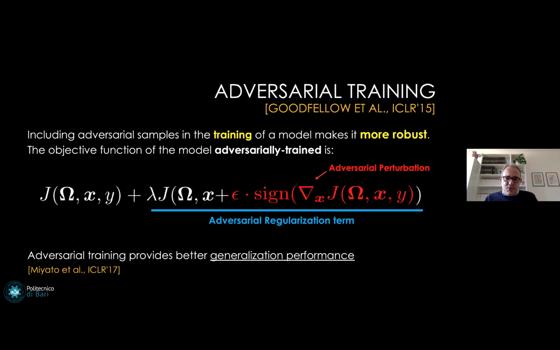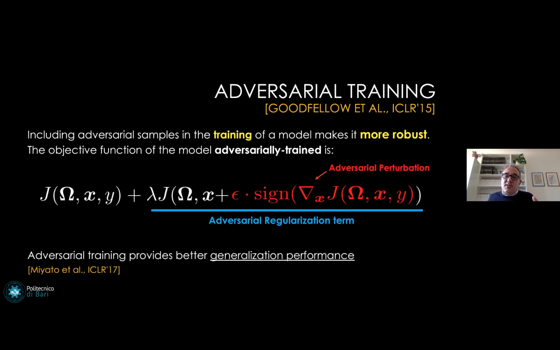So this is what we have for adversarial training. In adversarial training, what we do is add a regularization term in our loss function. This regularization term considers exactly the same idea that we had for the FGSM attack.